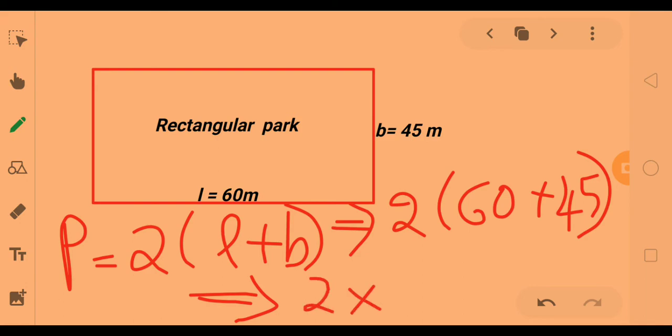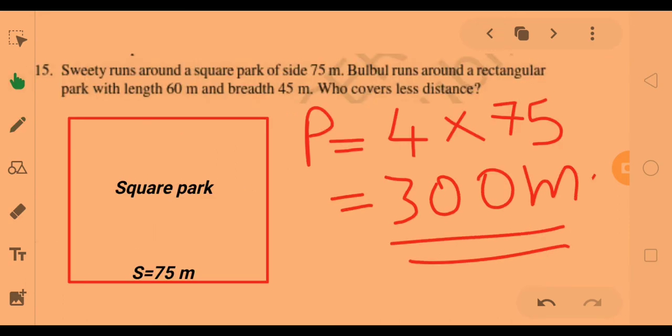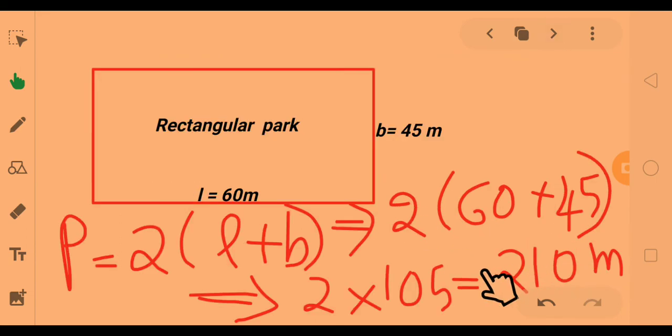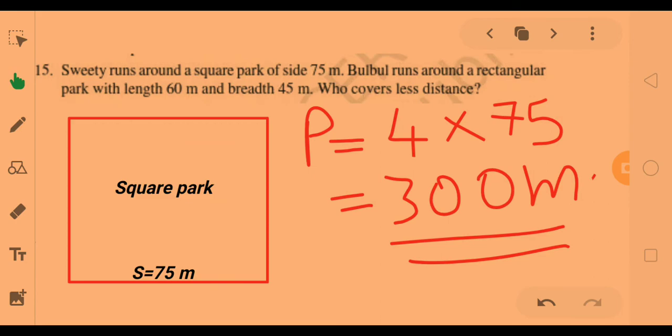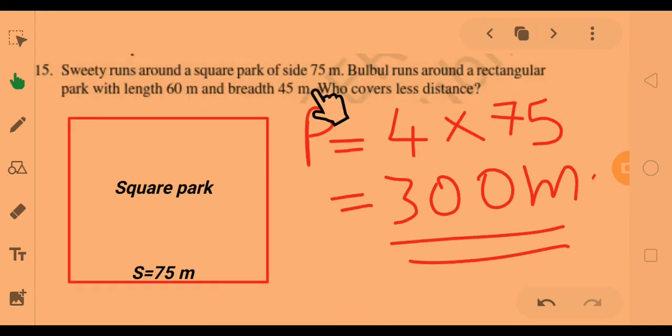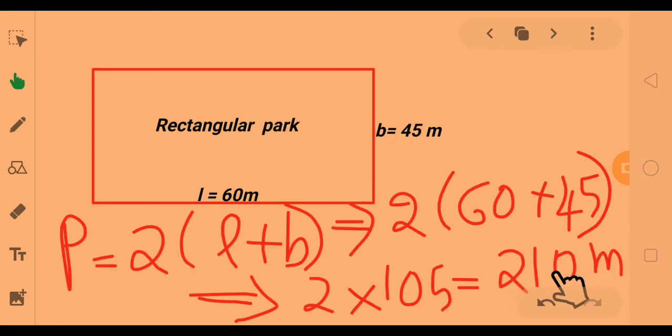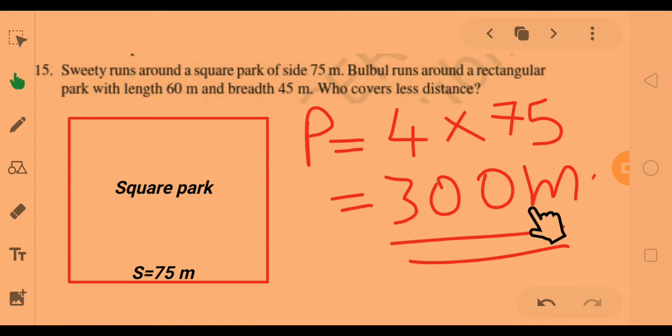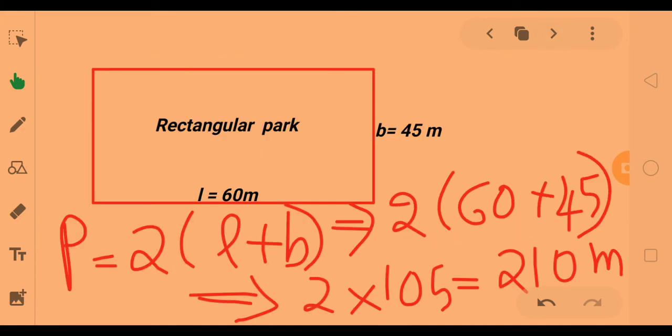That is 2 times 105, which is equal to 210 meter. Now see the distance covered by Sweetie. Sweetie covers 300 meter and Bulbul covers 210 meter. Now who covers less distance? Less distance is covered by Bulbul, because the distance covered by Bulbul is 210, which is less than the distance by Sweetie, 300 meter. I hope you understood.